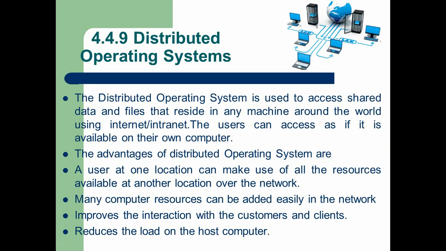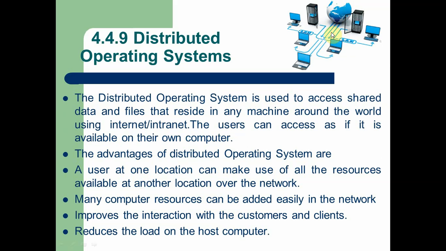So next one is distributed operating system. A distributed operating system is used to access shared data files that reside in any machine around the world using internet and intranet. The advantages are: a user at one location can make use of all the resources available at another location through internet or intranet. Many computer resources can be added easily in the network, it improves the interaction with the customer and client, and reduces the load on the host.